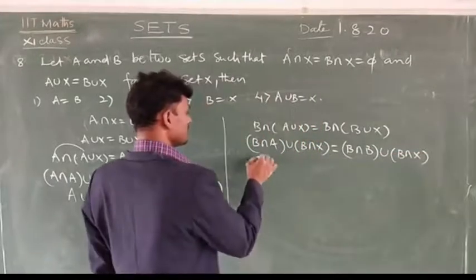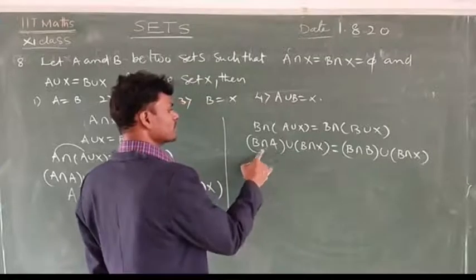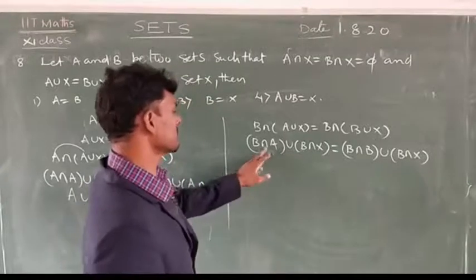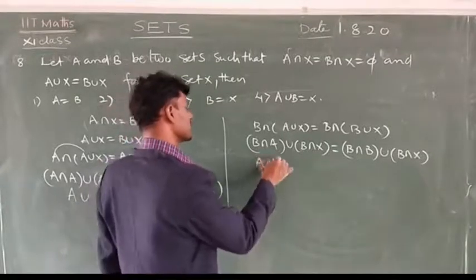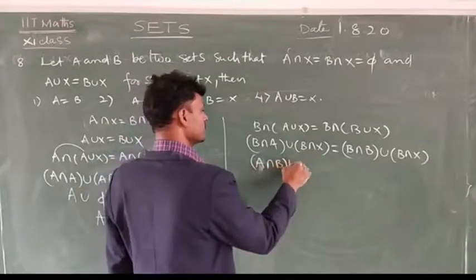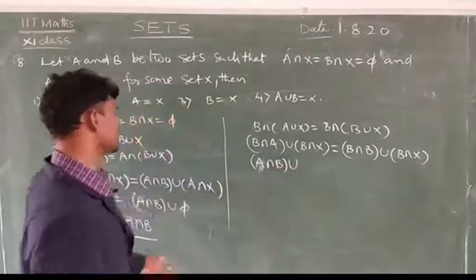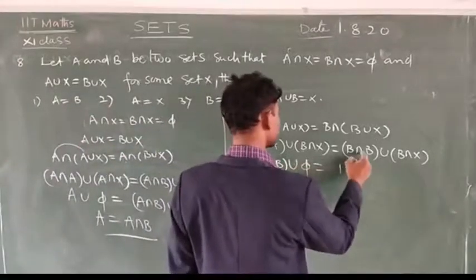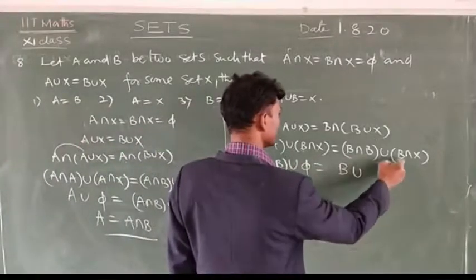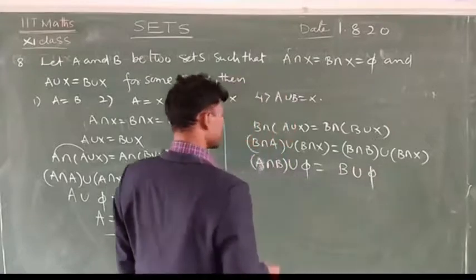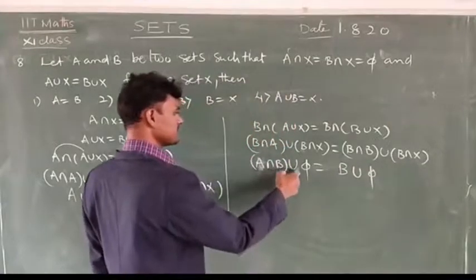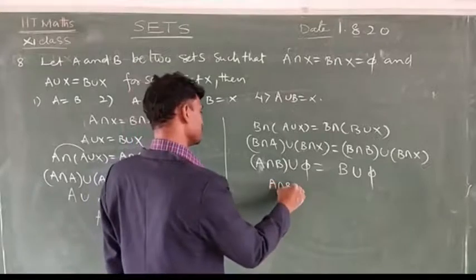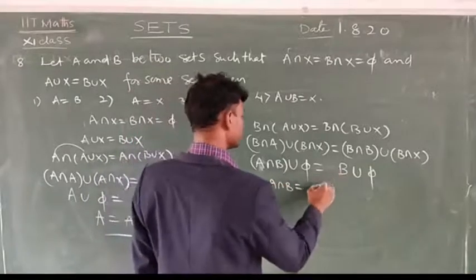Now see here, the commutative law under intersection is possible. Then you can write A intersection B is equal to B intersection A, union B intersection x is equal to phi. Then you can write B intersection B is equal to B union, this is also phi. Now you can write A intersection B union phi is equal to A intersection B only. Next this is also B.